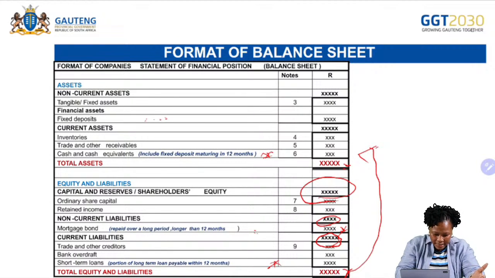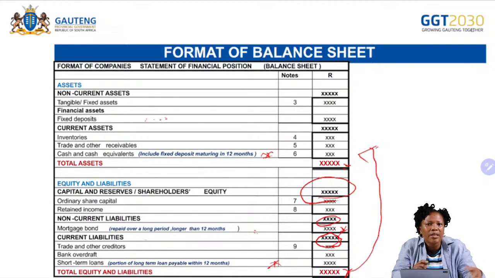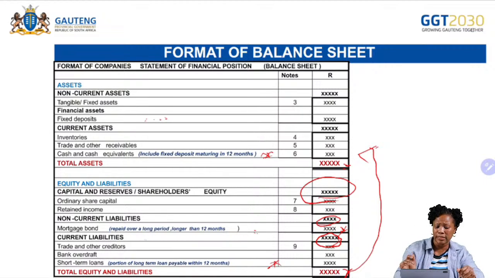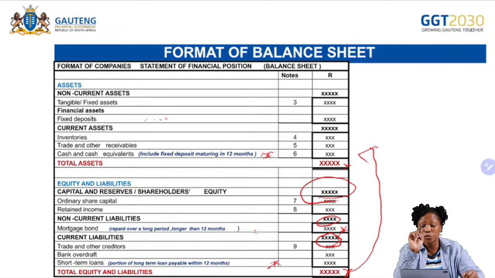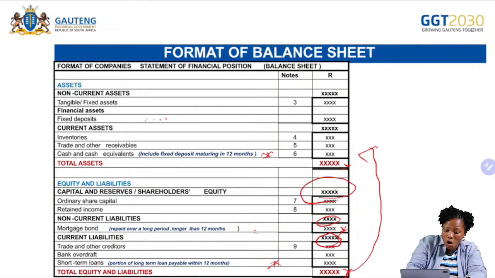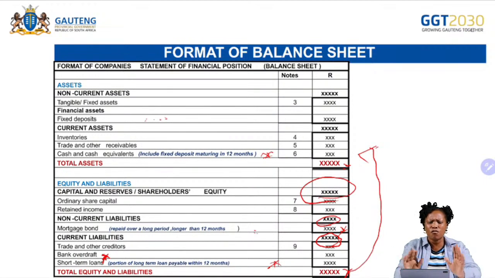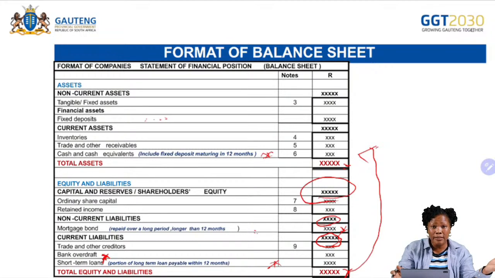Or you can just write it here independently. And we will give you a mark for that. But it is important that the bank overdraft you can't write under your trade and other creditors. It is classified as a current liability, but it must be a stand-alone entry.